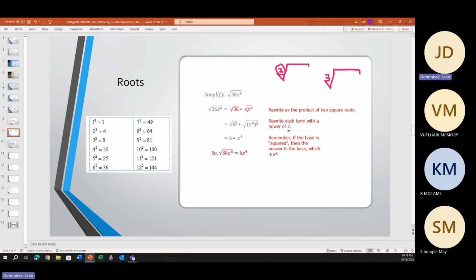We can break x to the power of 8 up to say x to the power of 4, and then to the power of 2. But how I normally look at this is to say, okay, we've got to the power of 2.